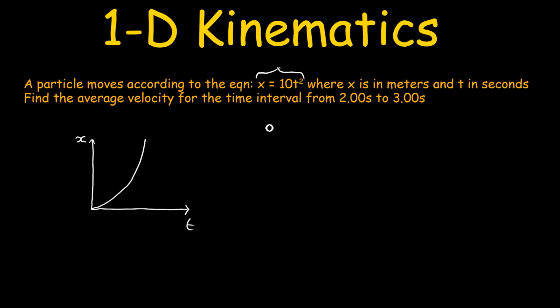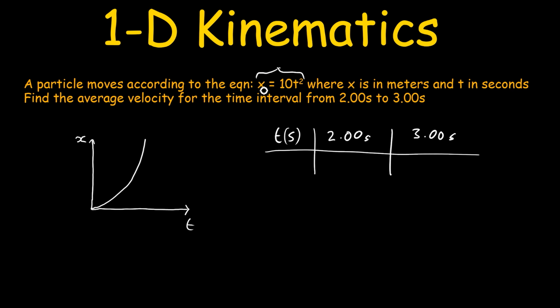All we need to do is create a table of values for t and x. So if I have time on the top here in seconds, we're interested in 2 seconds and 3 seconds, and this is our table here. But we're also interested in the value of x, and the position of our particle is dictated by this equation here.